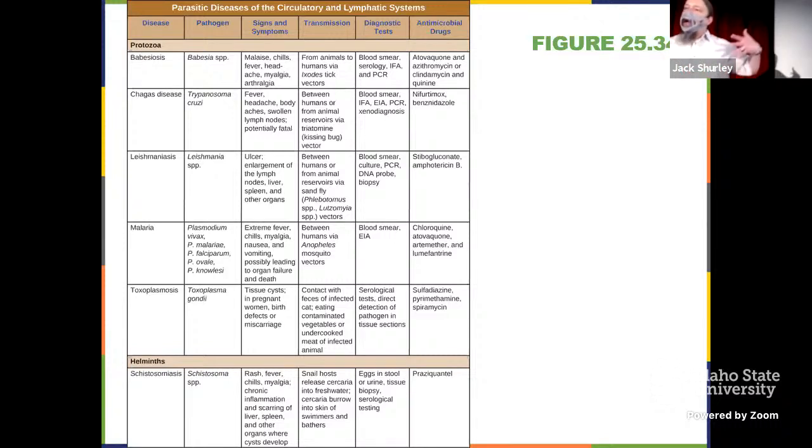So either intestines or urine, the bladder, are where eggs would be deposited and voided out, either feces or urine, respectively. Again, to the water, to the snail, back to us. That's how schistosoma in a human form wants that life cycle to be completed.